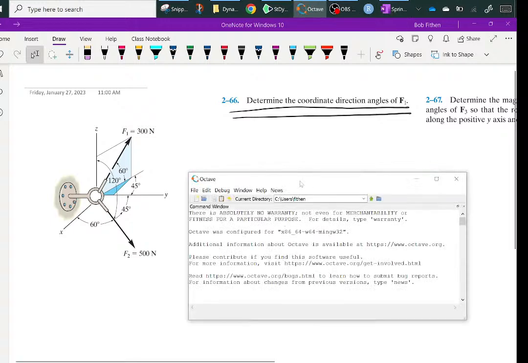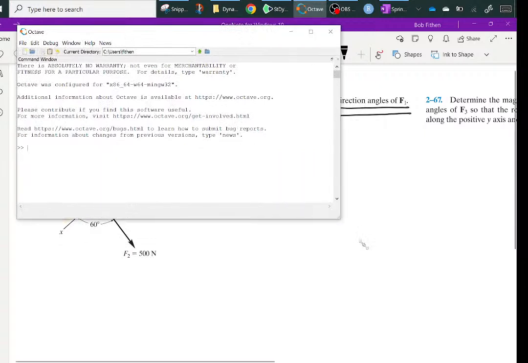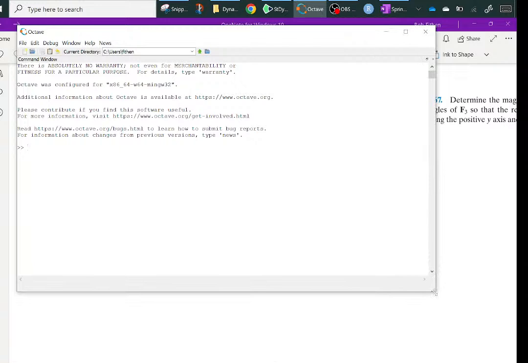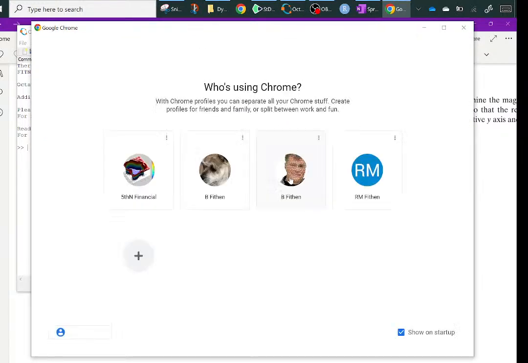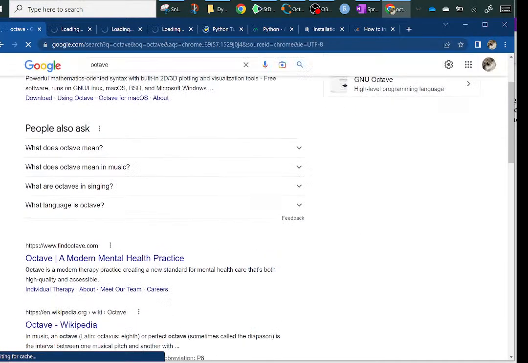Oh, there it is. There's this thing called Octave. Now if I was on the main computer, I'd use MATLAB, but the main computer's not doing very well. So Octave, have y'all ever heard of that? If you don't want to pay for MATLAB, you can just search Octave, and what you'll get first thing is that. Well, that's if you use Google.